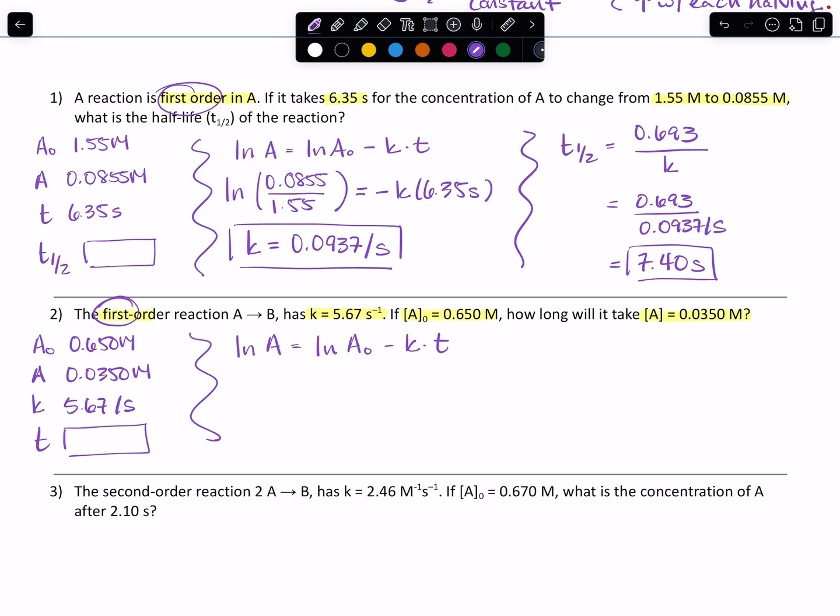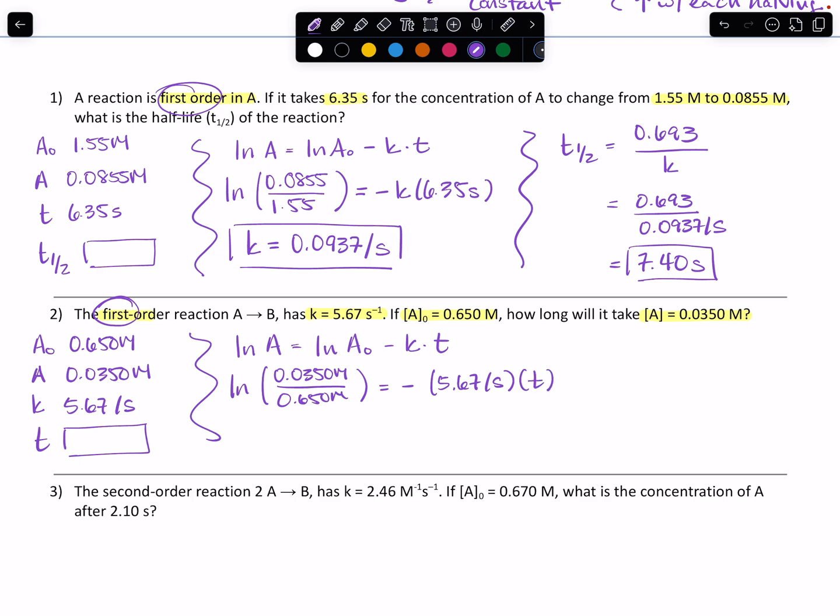All right. So that means the natural log of A divided by A naught. So 0.035 molar divided by 0.65 molar equals negative 5.67 per second times time. All right.